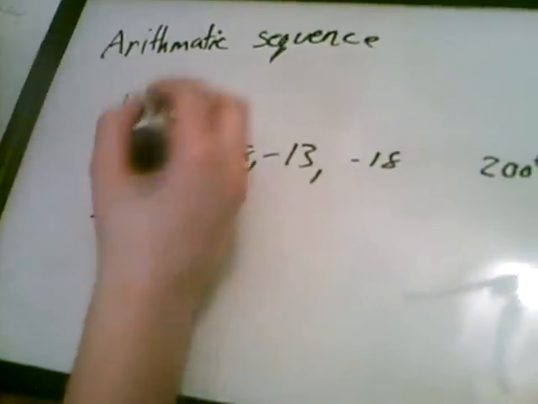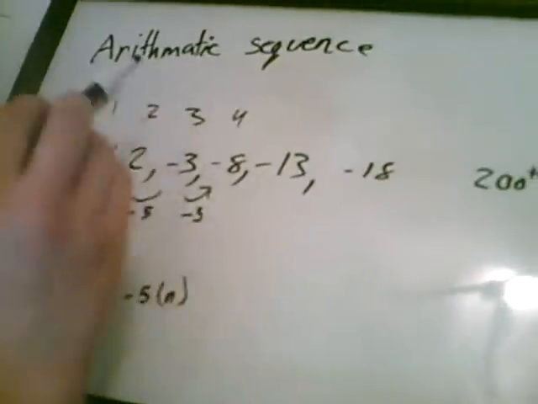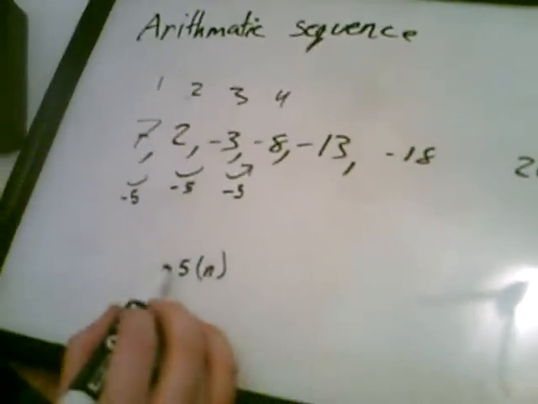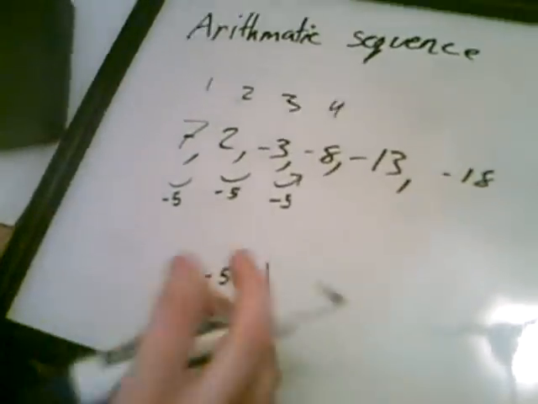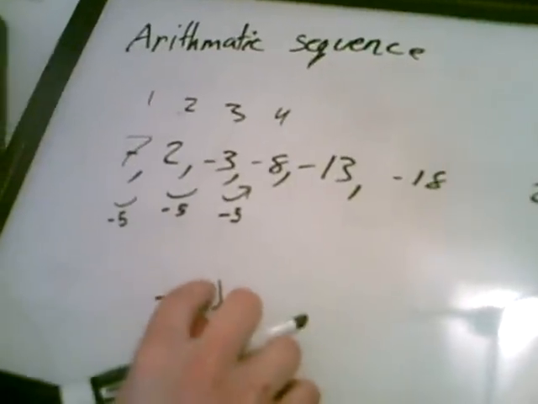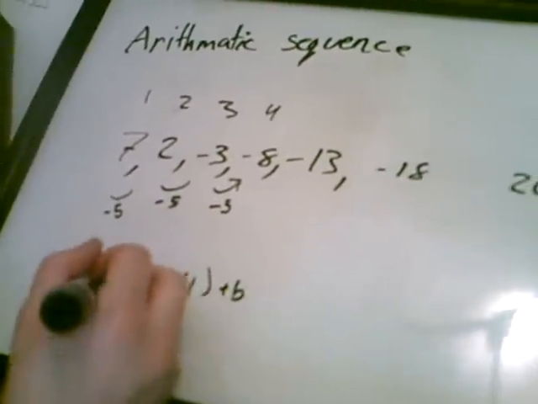This is the first one, second one, third one, fourth one. This is the first number in the pattern, second in the pattern, third in the pattern. So every time, for every n, you're going to subtract 5. And we know that this pattern here is n = 1 and 7. So we're going to say that this is n = 1, negative 5 plus something equals 7.